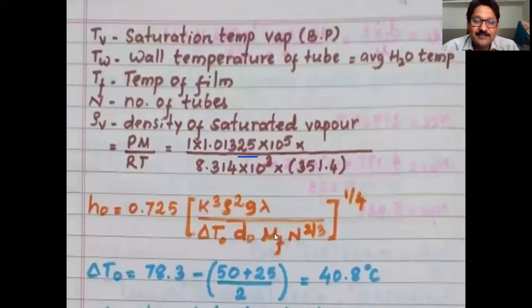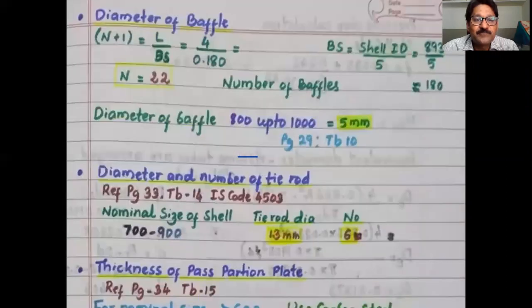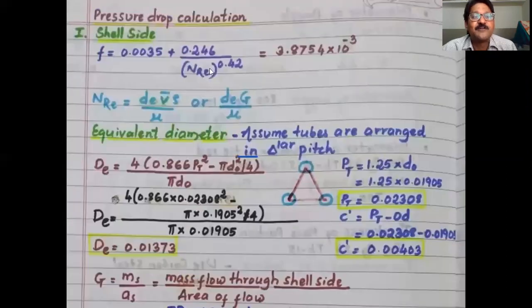Therefore, for the cell side calculation of pressure drop, you have to calculate NRE, because the first step is friction factor is equal to 0.0035 plus 0.246 NRE to the power of 0.42. So what is NRE? You should calculate it now. On the cell side it was not calculated, right?